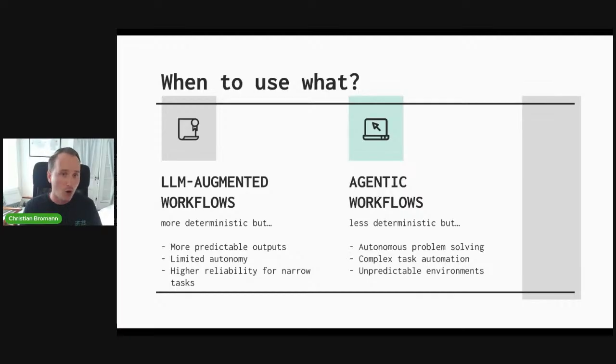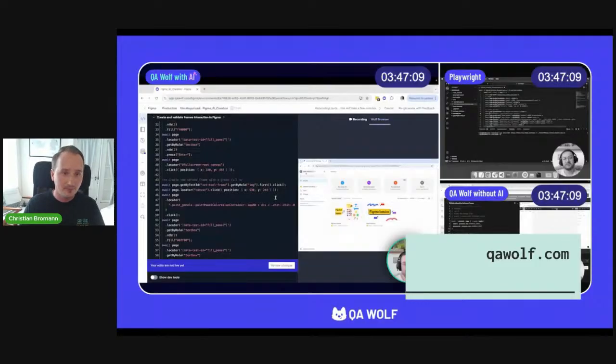Agentic workflows are less deterministic and help with solving problems in an autonomous way, and they can take on more complex tasks in a more unpredictable environment.